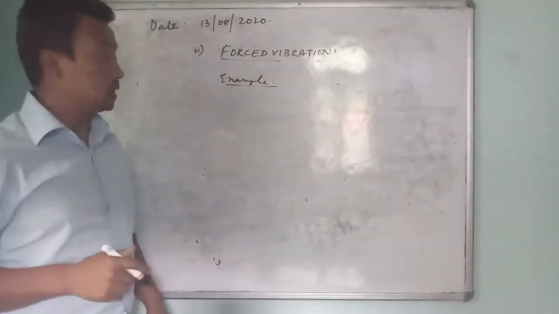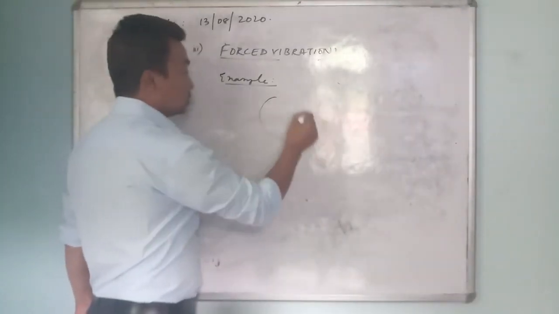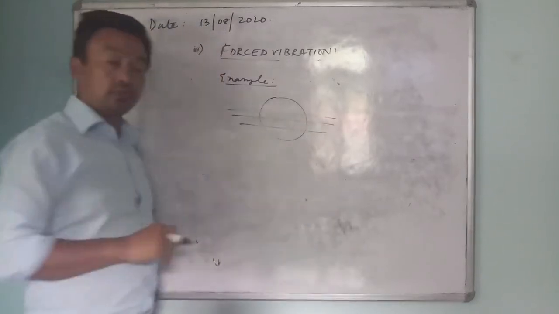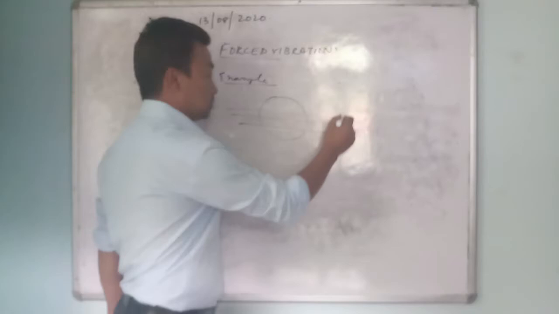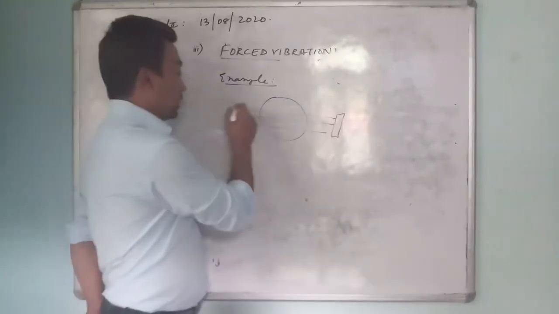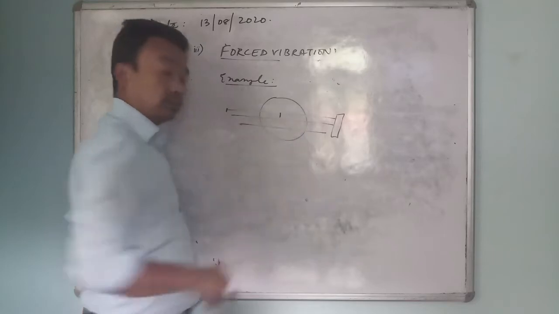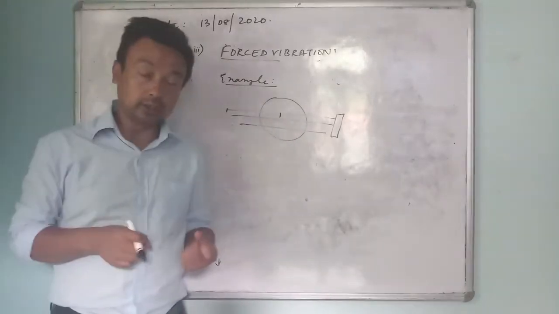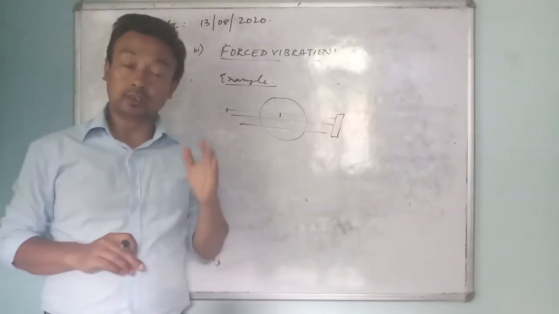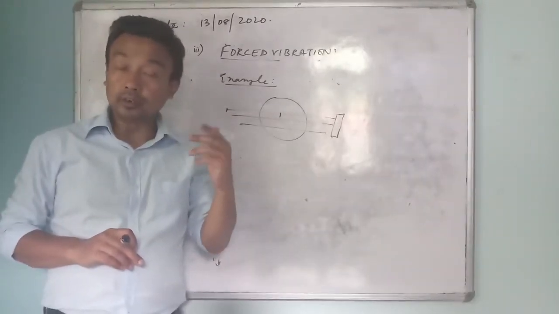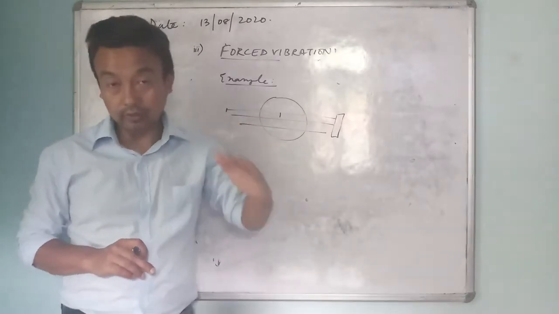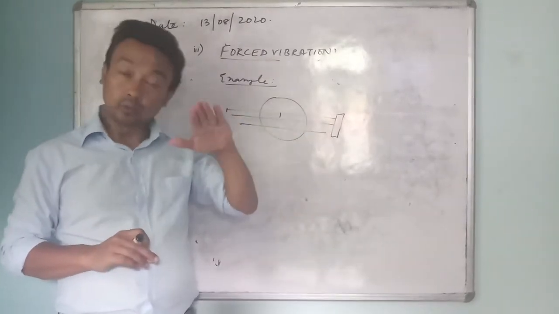If you look at this example here, suppose this is the string of a guitar, I'm just taking a 3-stringed guitar. You have a hollow box here, and you pluck the guitar. Suppose you pluck the guitar and leave it, then that will produce damped vibrations, because that body is vibrating under its natural frequency, and the vibration will decrease with time and stop.